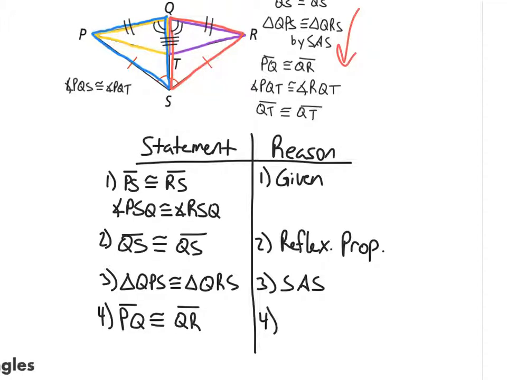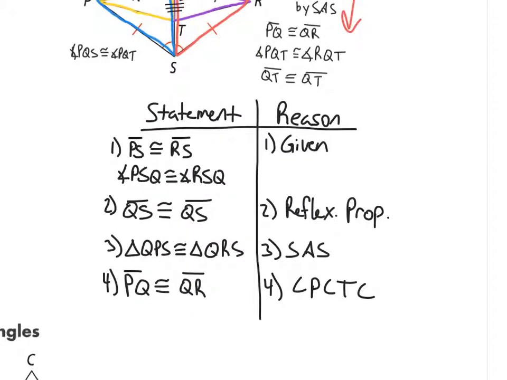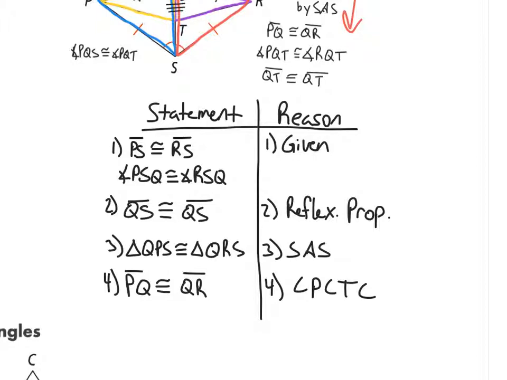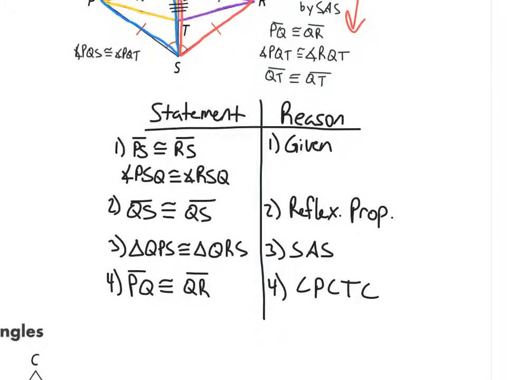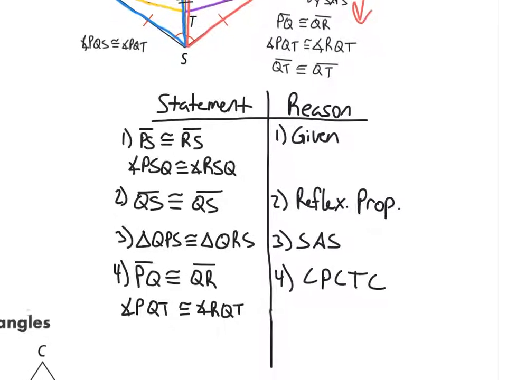And we know that because of corresponding parts of congruent triangles are congruent. In that same step, I'm going to write our congruent angles as well, because that was the other piece we needed: angle PQT was congruent to angle RQT. So that's all statement 4.